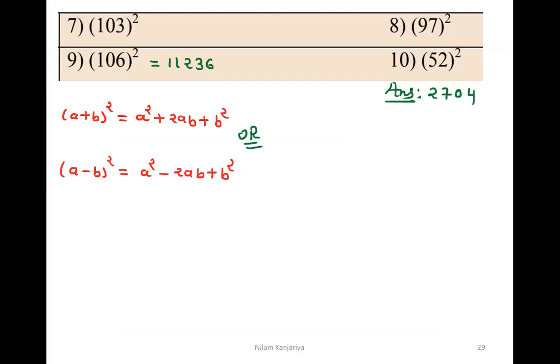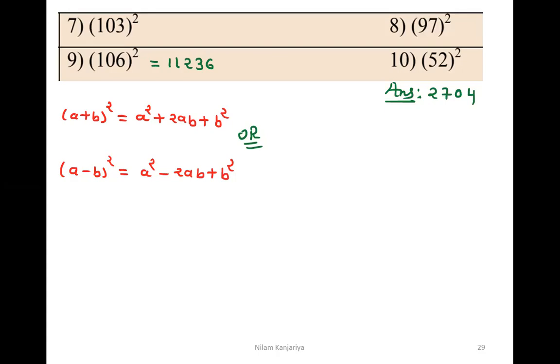So the ninth answer is 11236 and the 10th answer is 2704. Hope you all the students are clear. Try these examples at your home.